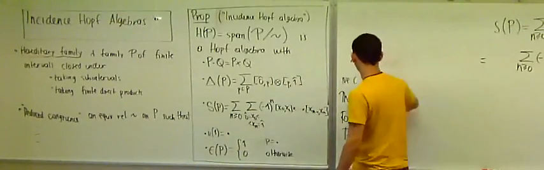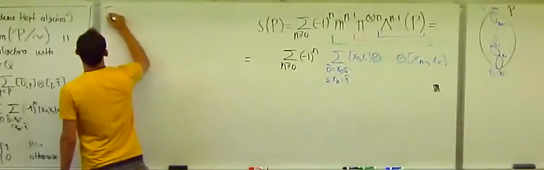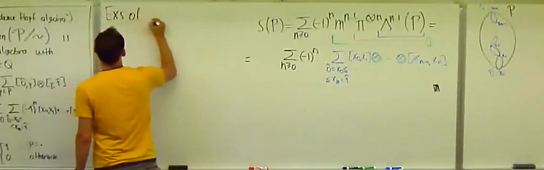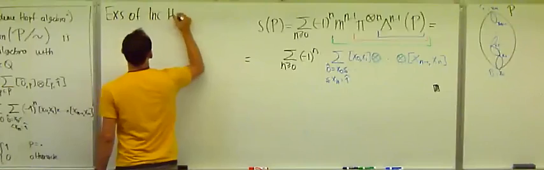We're just going to do a whole bunch of examples of this construction. Examples of incidence Hopf algebras.